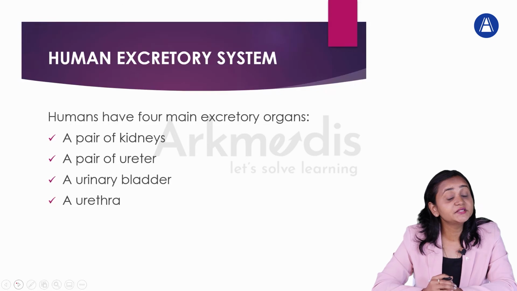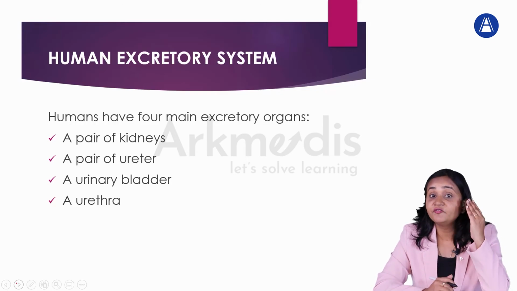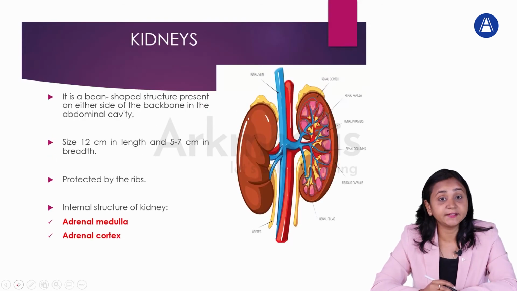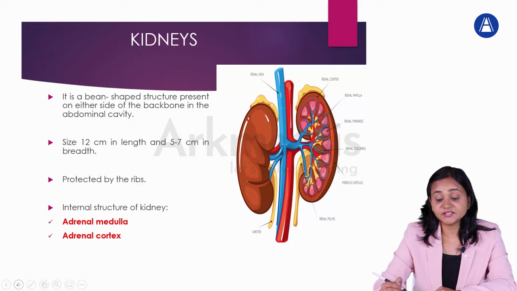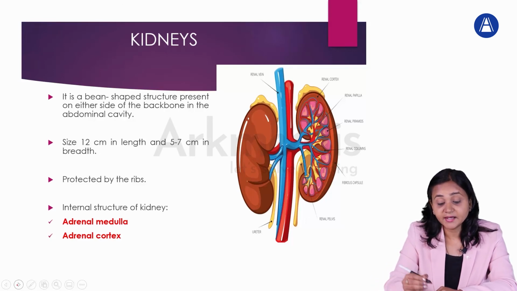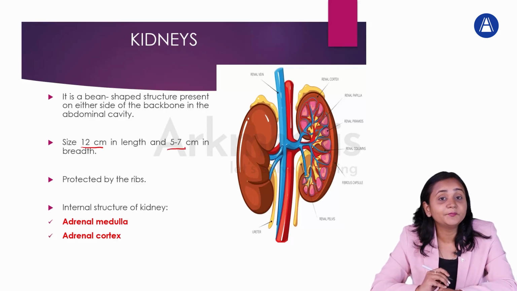Now, we humans have a very well developed excretory system. We have 4 main important organs. This is the structure of the kidney. Kidney is basically a bean shaped organ, with a length of 12 centimeters and around 5 to 7 centimeters in breadth.